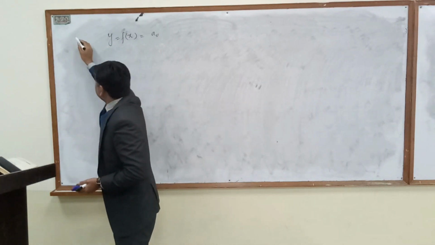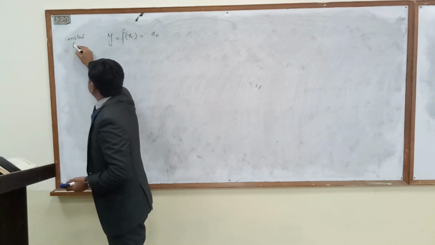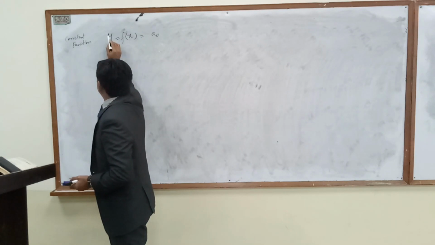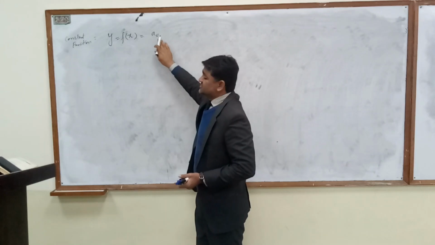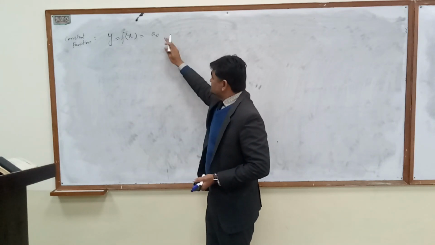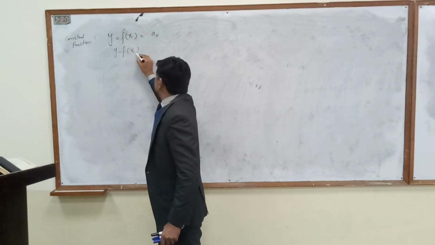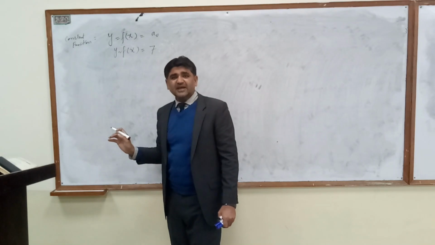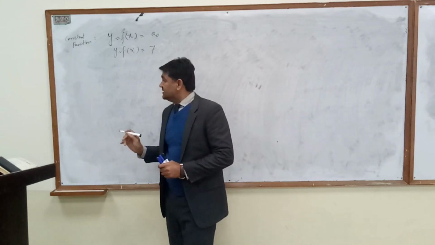So it's the general form of constant function. So the first function, constant function, y is equal to f of x is equal to constant. If y is equal to f of x is equal to 7, is it constant? It can be any real number.